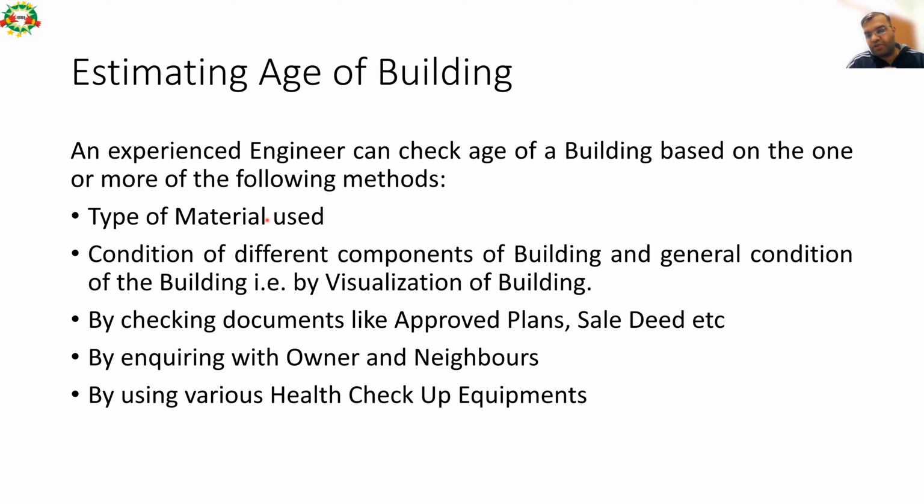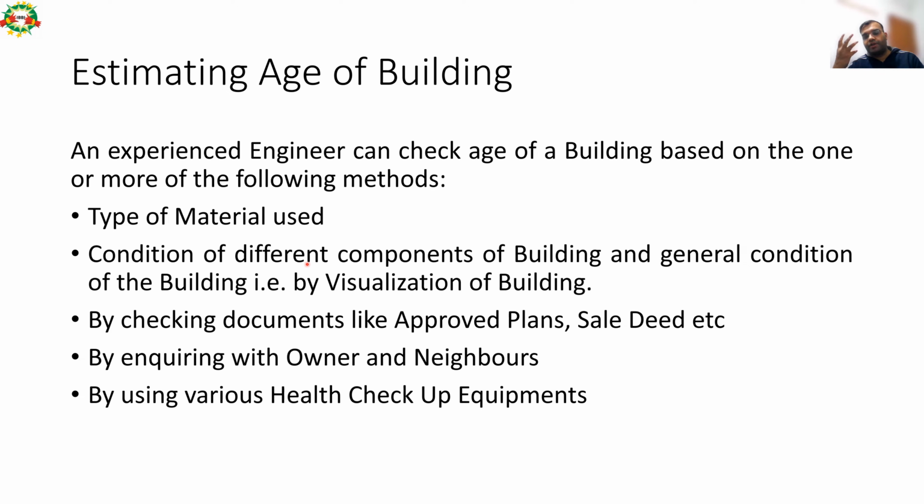So there are different methods through which a valuer can estimate the approximate age of a building. First, the type of material used. By looking at the property, say a mosaic floor is there in a particular area. After visiting the property, as a valuer I can understand that approximately 30 to 40 years back this mosaic flooring was in trend.